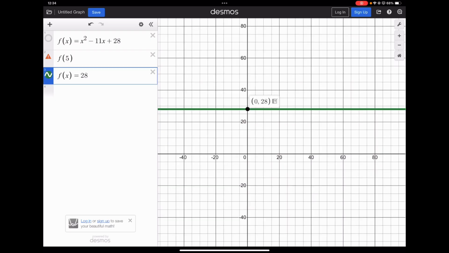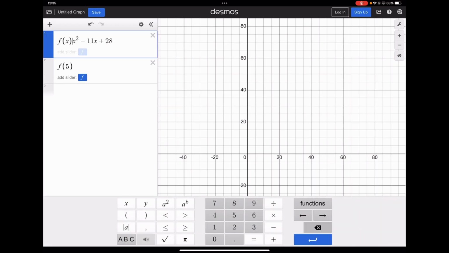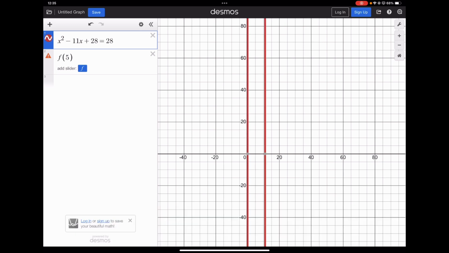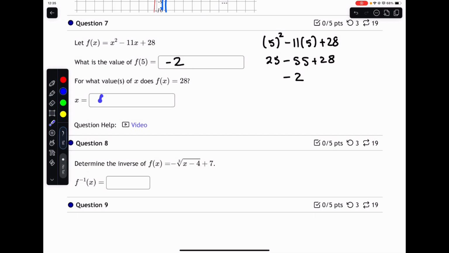I would have to actually write in the equation, so I would have to get rid of this, set it equal to 28, and then it does solve the equation for me. And it gives me my two solutions, which are the x values: my x value of 0 and my x value of 11. So I can use that shortcut and see that these answers were 0 and 11.